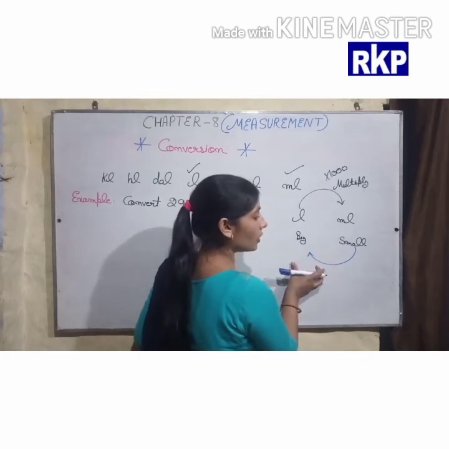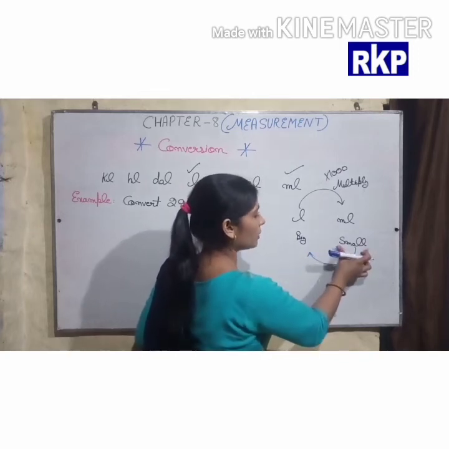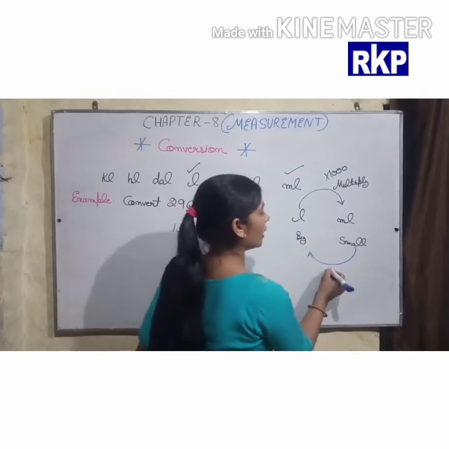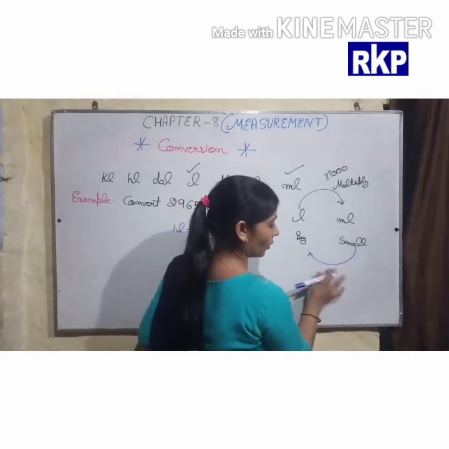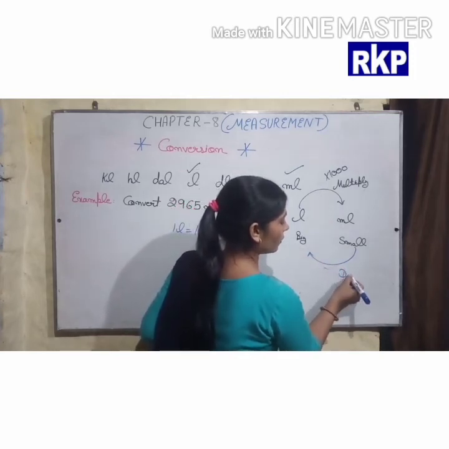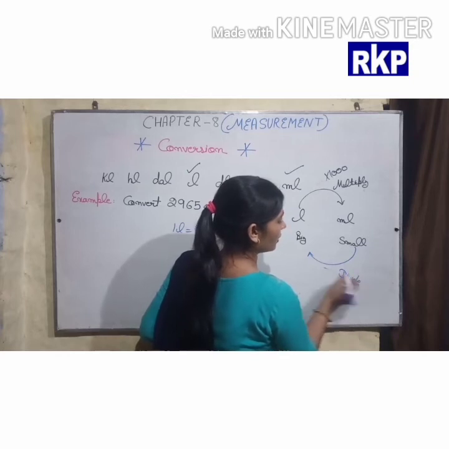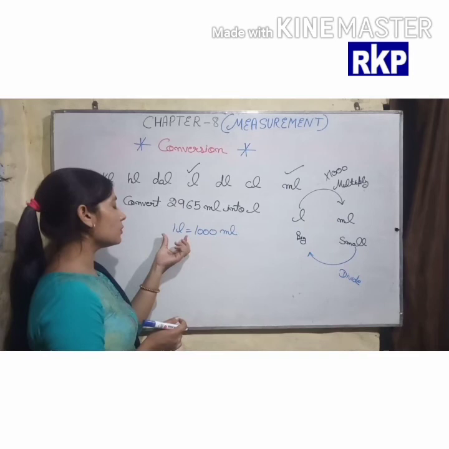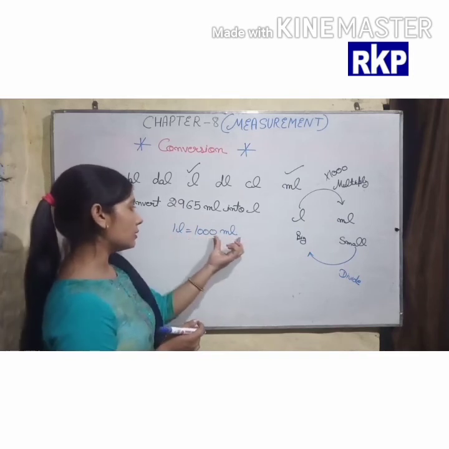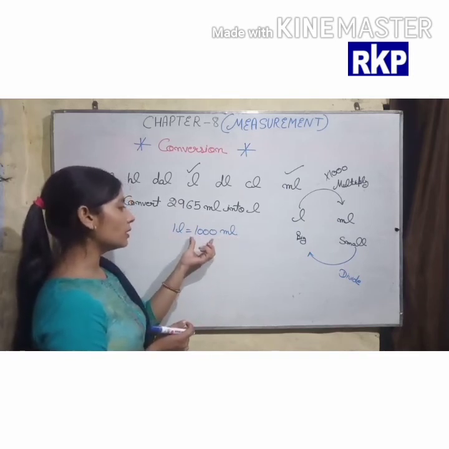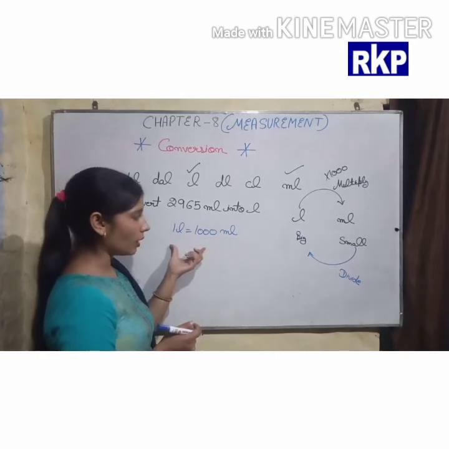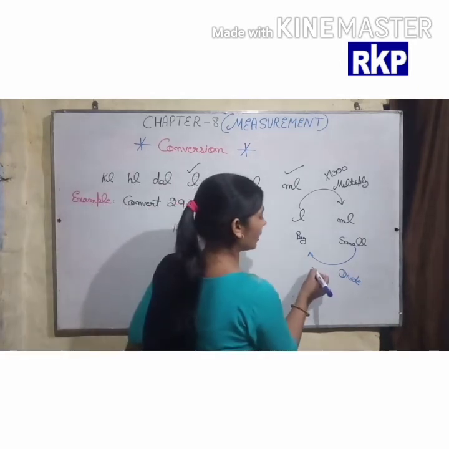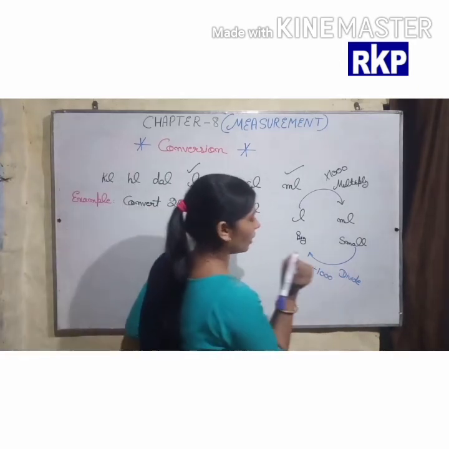And when we convert smaller unit into bigger unit, then we need to divide. Okay. Here we need to divide. But by which number? We know what is the relation between liter and milliliter. 1 liter is equal to 1000 milliliters. Okay. So we need to divide by 1000.